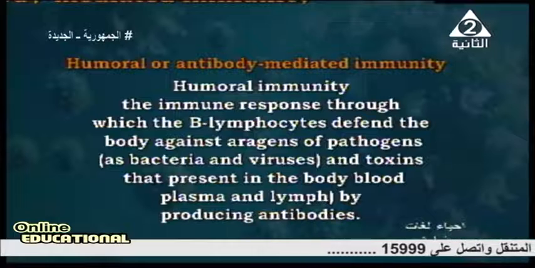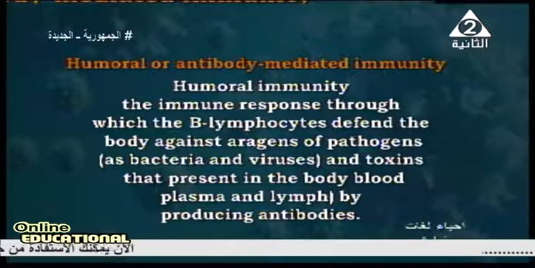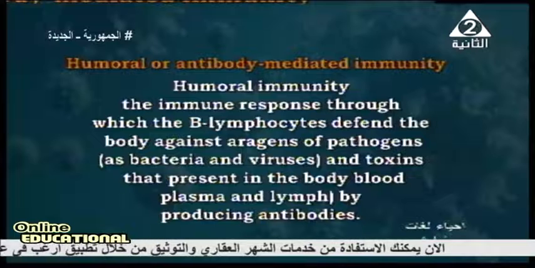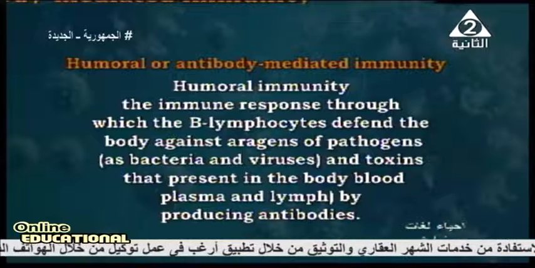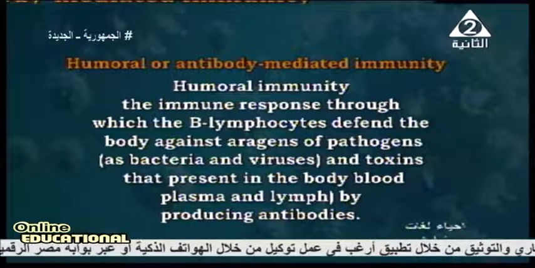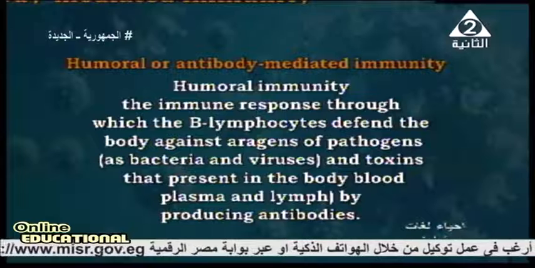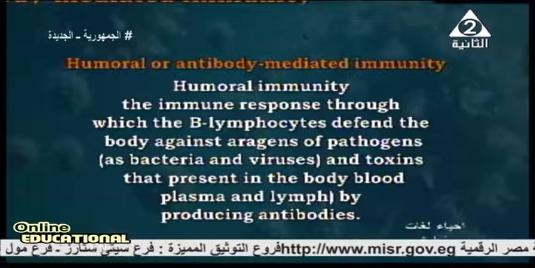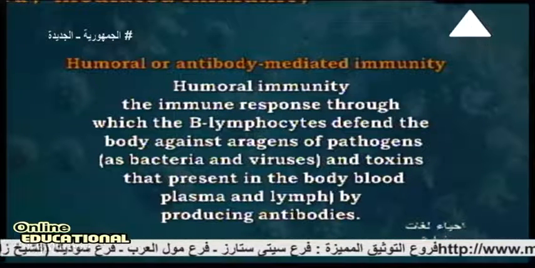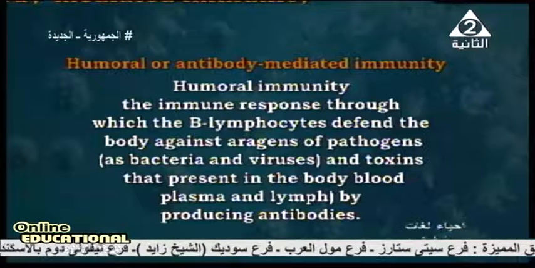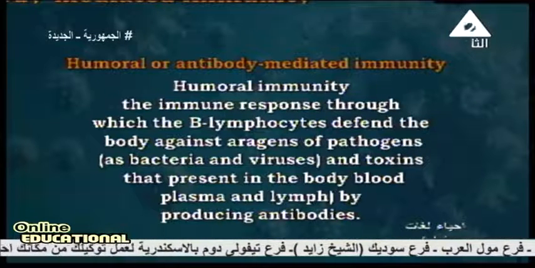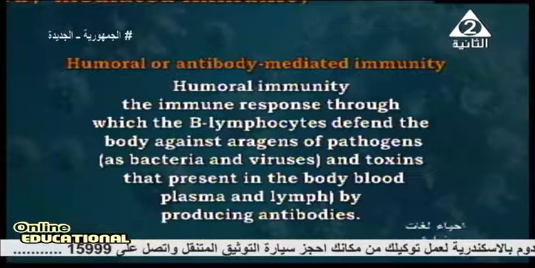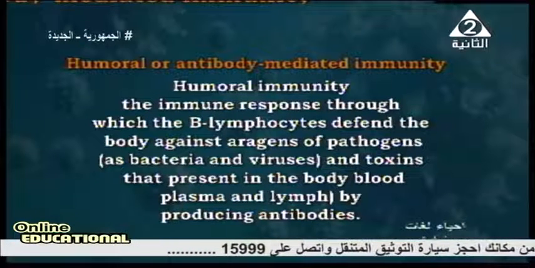Humoral or antibody mediated immunity means the immune response through a certain type of white blood cell known as B lymphocyte. This B lymphocyte defends the body against aggressions of pathogens like bacteria and viruses, and any toxin substance that enters the body, through the plasma or lymph, and produces antibodies.